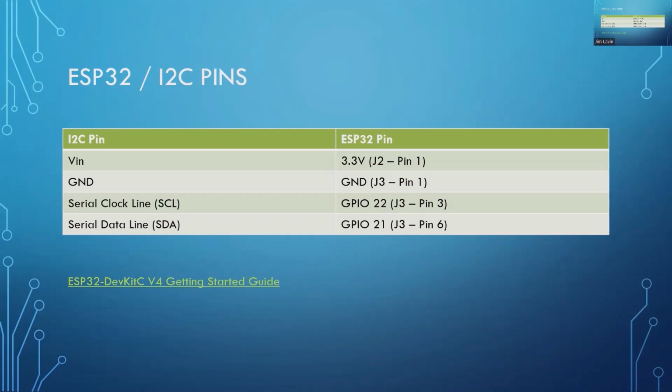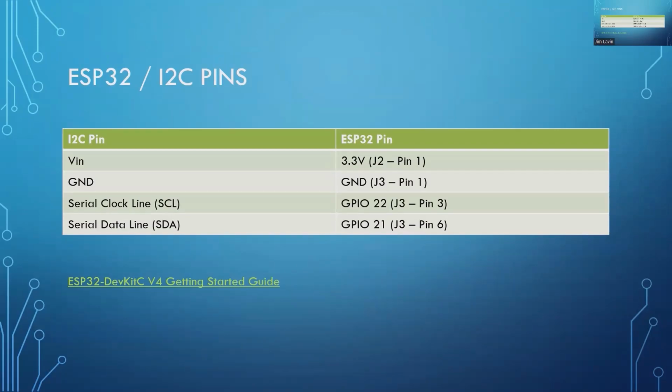Otherwise, you can get some noise in the line, and your devices will act erratically. We're also going to hook up the ground to the I2C device to pin 1 on J3, which is on the right-hand side. And then we have a serial clock line and a serial data line.